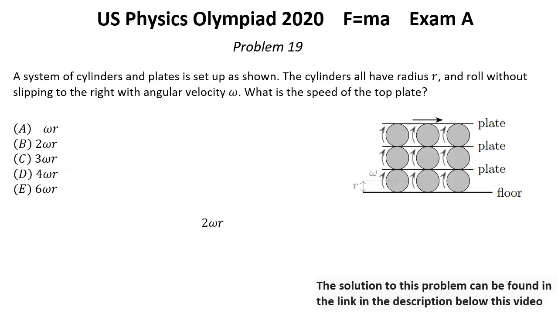So the first plate is moving to the right at this speed, 2 omega r. The second plate moves to the right at 2 omega r faster than the first plate. And the top plate moves to the right at speed 6 omega r. That's answer E, and that was the solution for problem number 19.